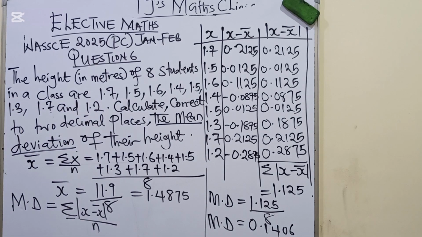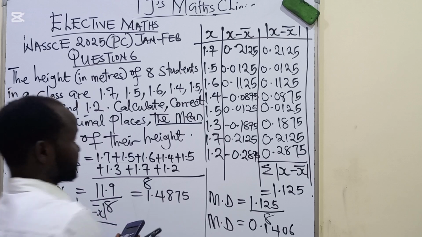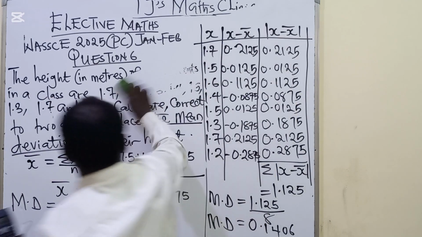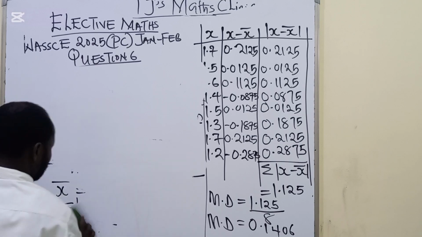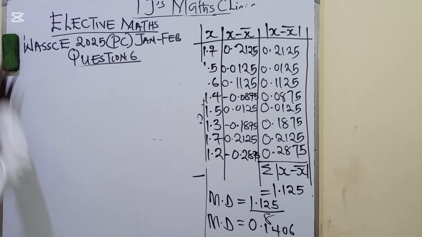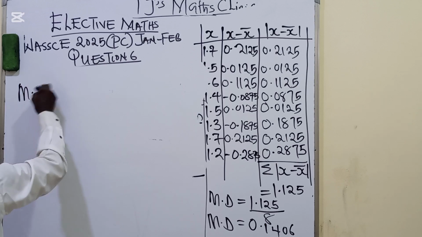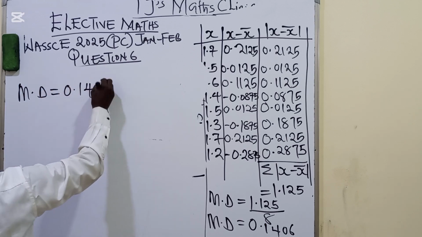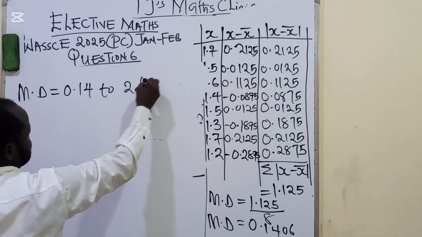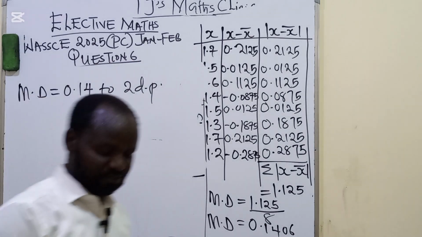But the question says we have to leave our answer to 2 decimal places. Finally, the mean deviation of their heights to 2 decimal places is 0.14. This is the solution to this question.